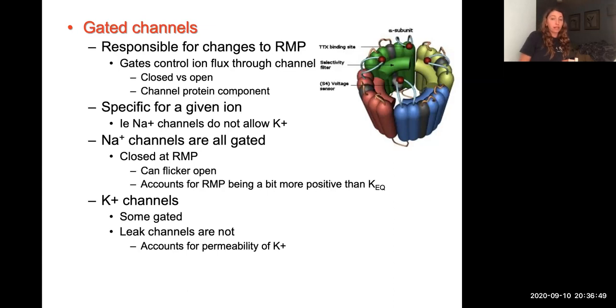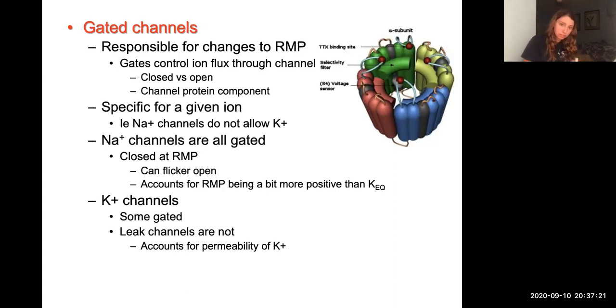Sodium channels are all gated, yes, and they're closed at resting membrane potential. Now they can flicker open and allow some sodium ions in, and that's what causes it to be a little bit less than negative 90, closer to negative 70.